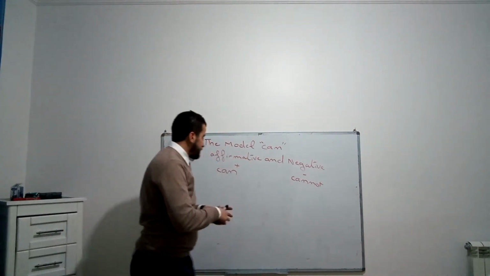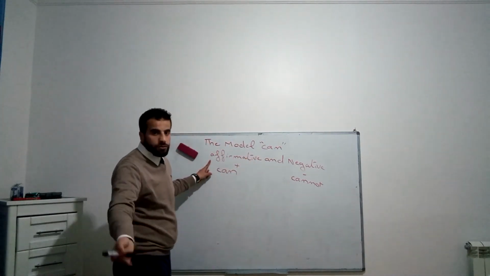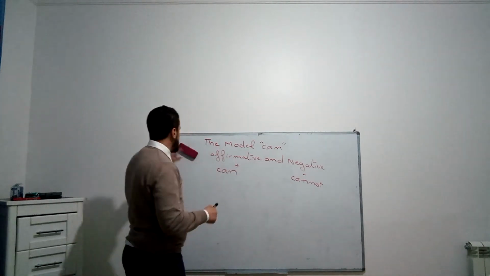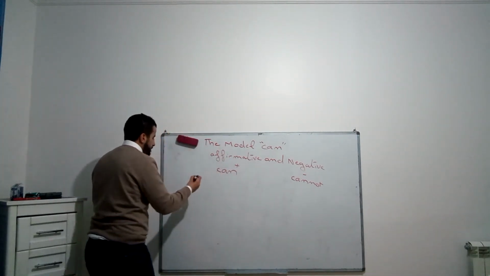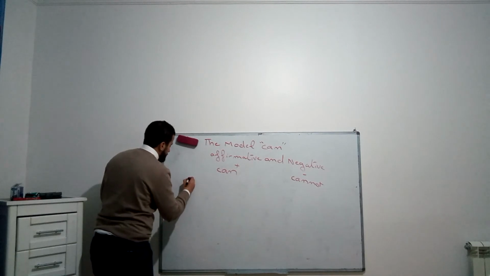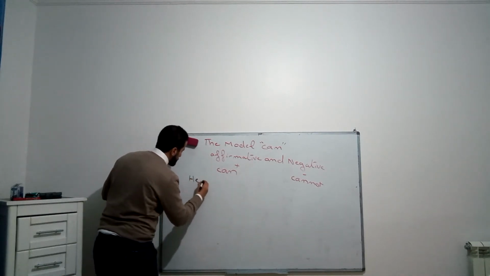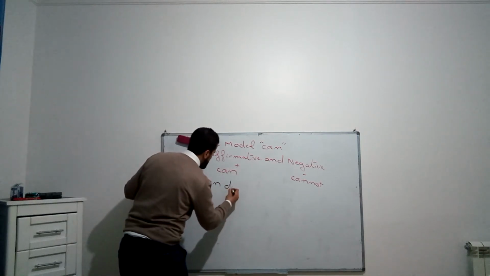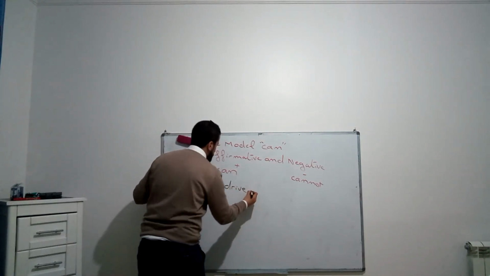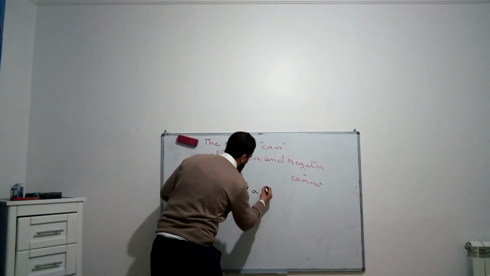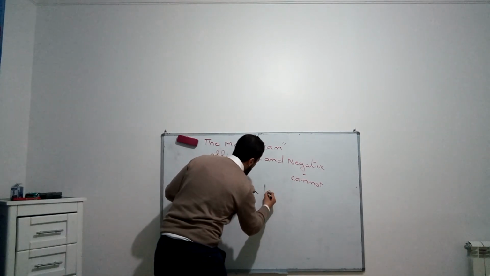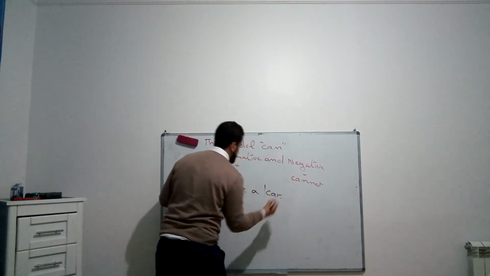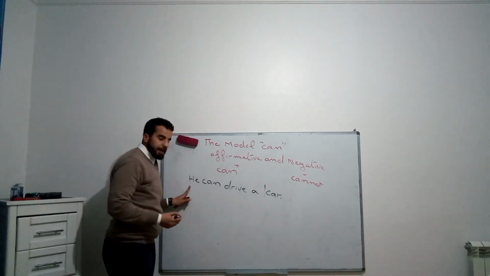For example, we start with an affirmative, then we move to the other one. Affirmative: he can drive a car. He is what?